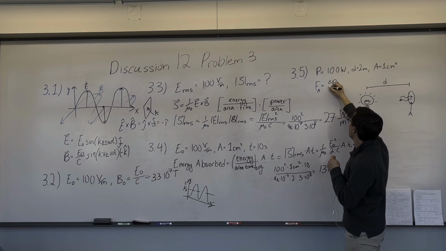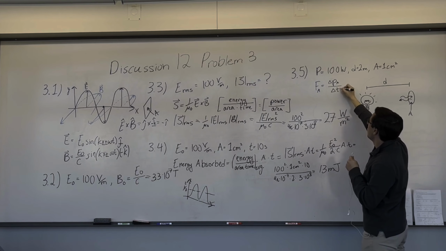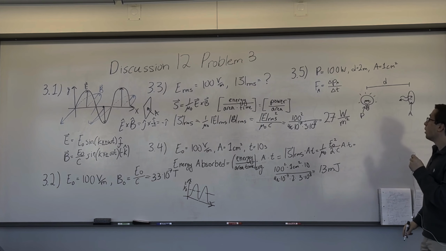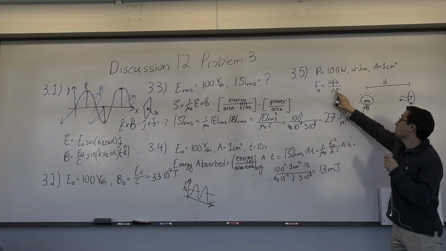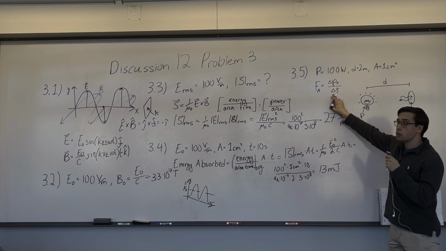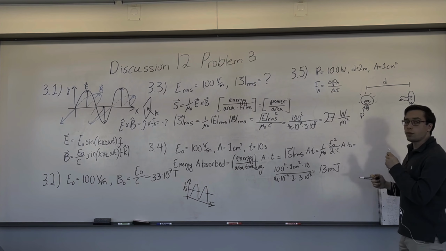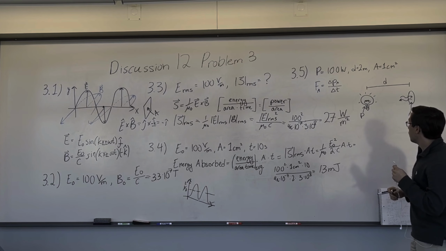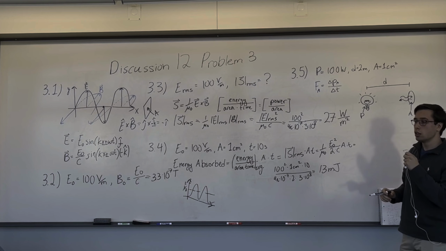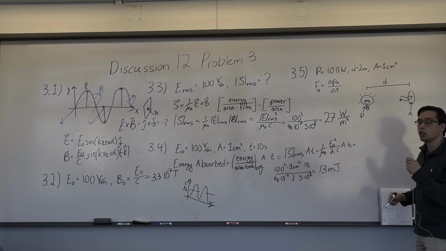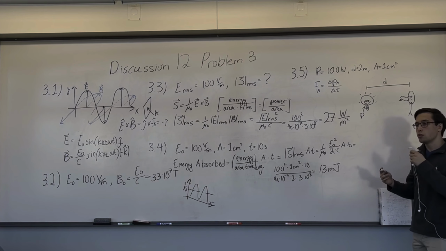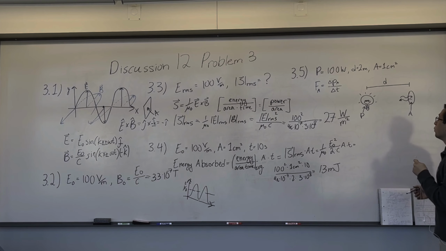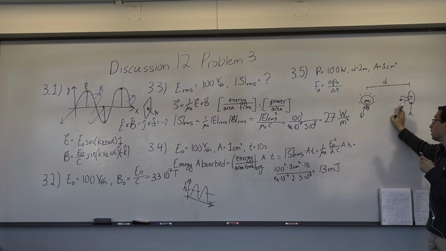So we could think about the momentum hitting our surface over a time interval. So delta P over delta T is the unit of force. And in this case, there is a detail that we have to keep track of, which is this reflection versus absorption scenario. So in this case, we're specifically told that our light is completely reflected.